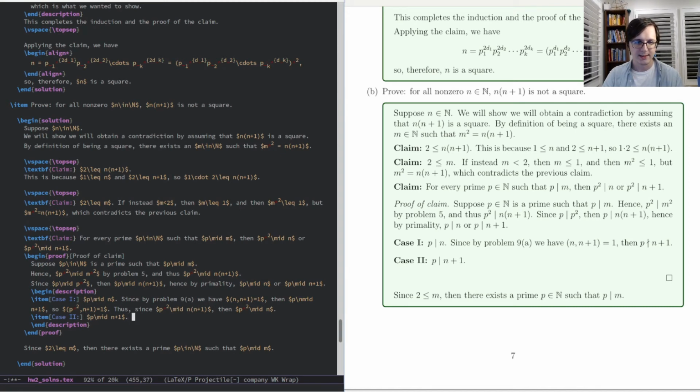Now for this, notice that, well, let's just do it again. And we'll use the keyword similarly. So similarly, the GCD of p squared and n equals 1, and thus p squared divides n plus 1.